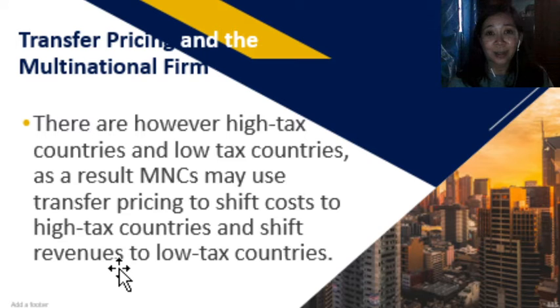Cost centers should be placed in high tax countries because they do not generate profit or revenue. The revenue centers they will shift to low tax countries, because since they are generating revenues, if the tax rate is lower, then even with higher revenues they would still pay lower income tax. Okay, so this is how they utilize transfer pricing.